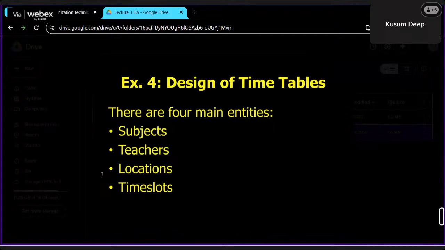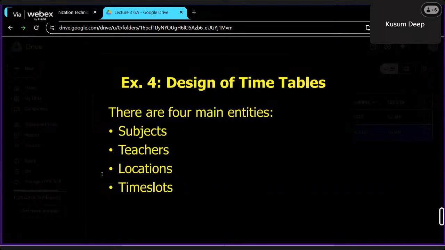The fourth example that I want to discuss with you is a combinatorial problem. Remember that combinations play an important role, and the right combination is required for a given scenario. The design of a timetable turns out to be a combinatorial problem, where in general there are four main entities: subjects, teachers, locations, and time slots.